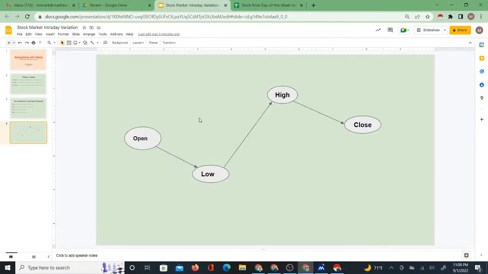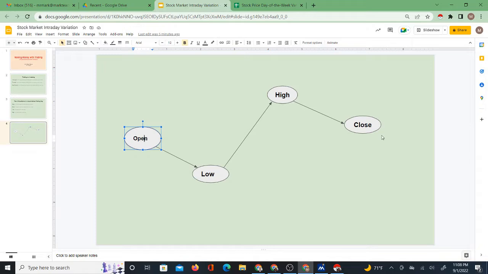Now, I did put together a really super simple, very much non-technical diagram just to give you an idea or kind of a visual on these 4 price points, right? And for instance, this could be the open all the way on the left. We think of time from left to right, and that is the way that charts are drawn anyway.